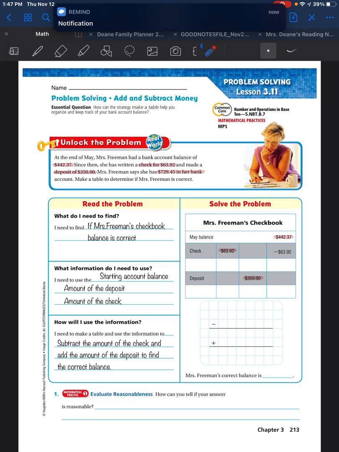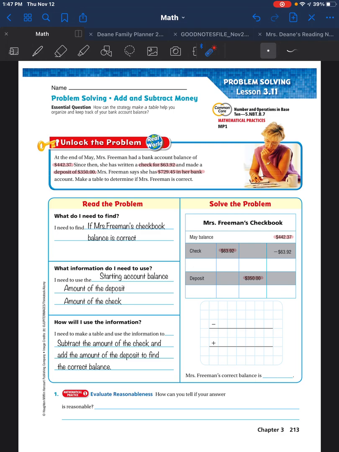So over here is a table that they have set up for us, and it looks just like a checkbook would. It has her starting balance here. It has the amount she wrote a check for. And then it shows that she subtracted that amount and got a total of $63.92.